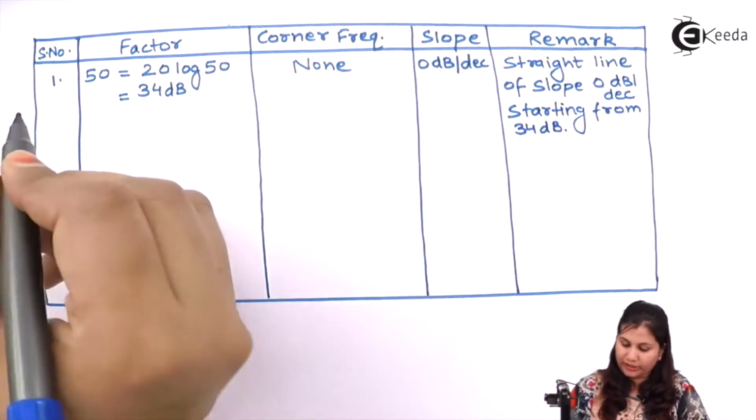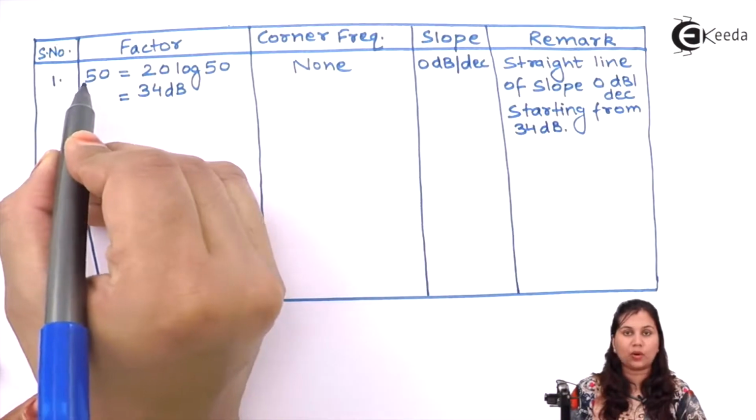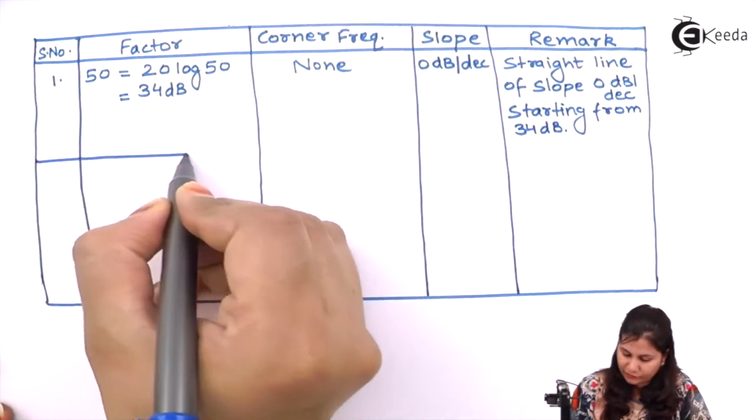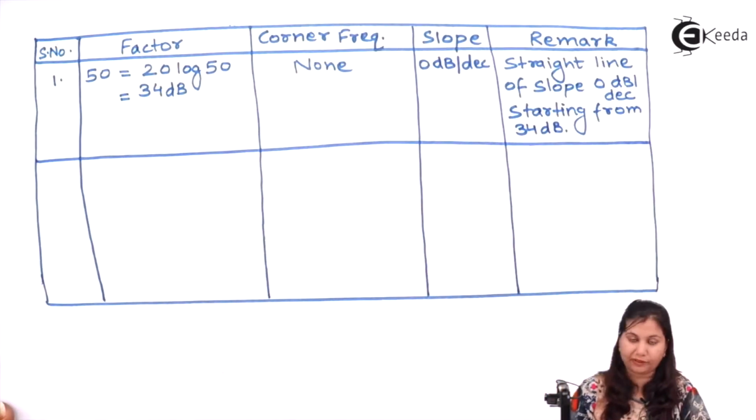Okay, so this is how we are going to represent this constant term 50 on the Bode plot. So it was the first factor present in the transfer function.